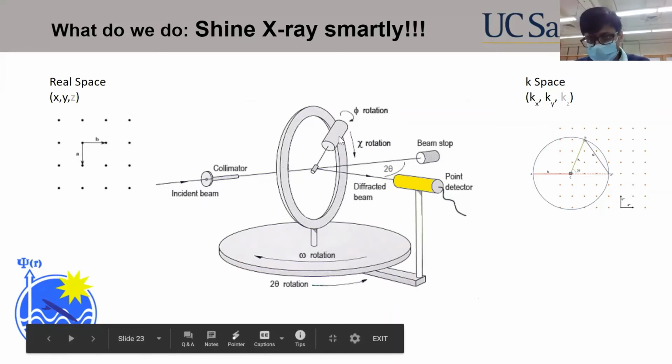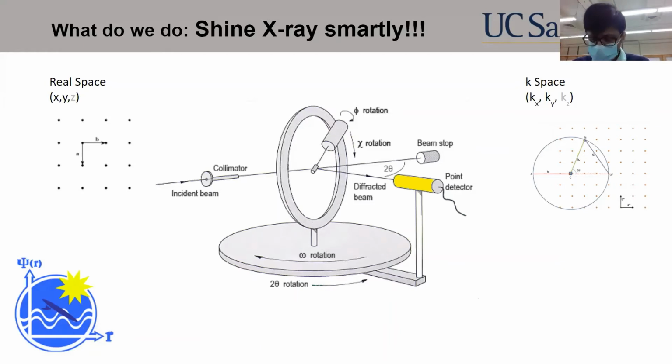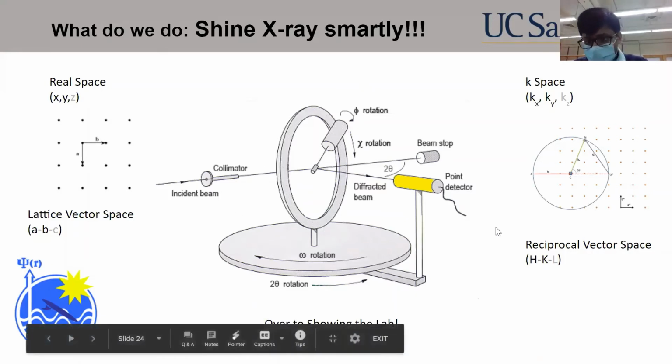Phi is another angle we can use, but most of the time we don't. It has more intricacies, and it gives another degree of freedom that we don't care about right now. But in a nutshell, this is how we take things from real space to reciprocal space. So real space ABC become reciprocal space HKL units.